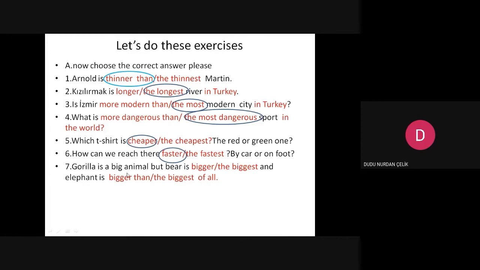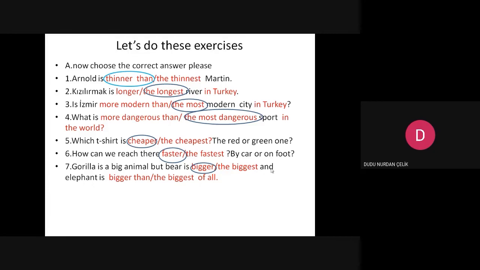Gorilla is a big animal, but bear is. Now, in this sentence, we compare gorilla with bear. Two things, gorilla and bear. So we say bigger. Gorilla is a big animal, but bear is bigger.